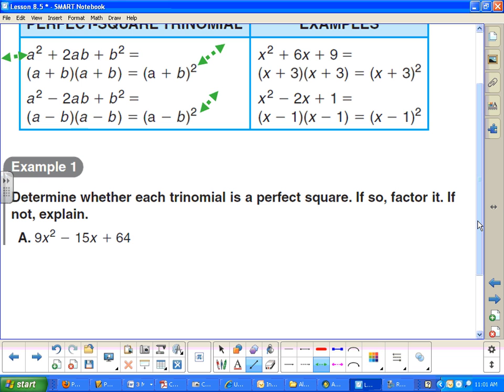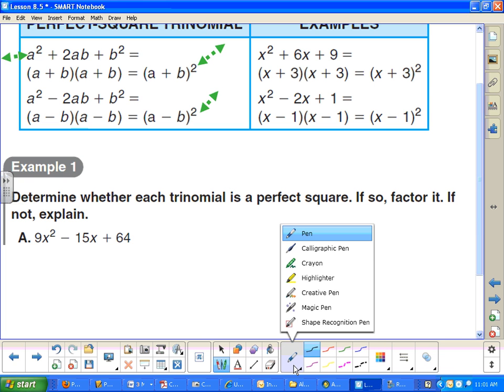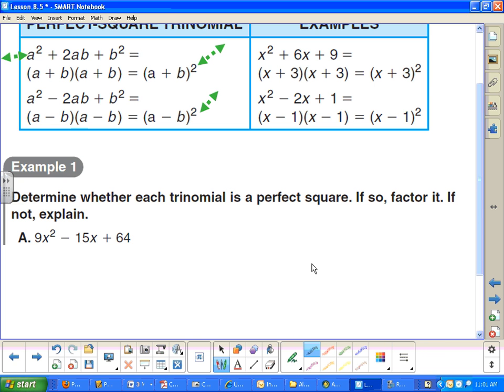So when I'm looking at whether something is a perfect square or not, first thing I'm going to do is look at the first term. So I'm going to look here and here and see if those are perfect squares, first of all. Okay? And not only if they're perfect squares, but what is being squared there.